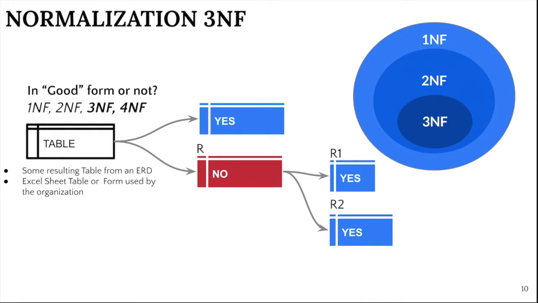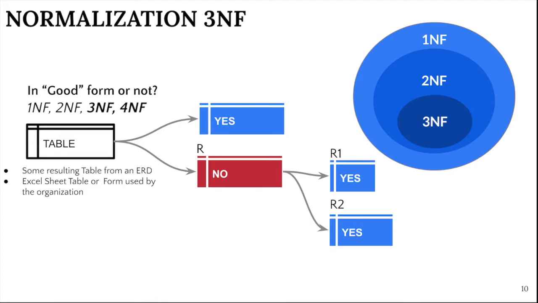Right. So there are different other types of normal forms. And the normal forms are just conditions to say that it is in good form. So, the relationship of 1NF, 2NF, 3NF, and so on is coming from the relaxed version and becoming very strict.